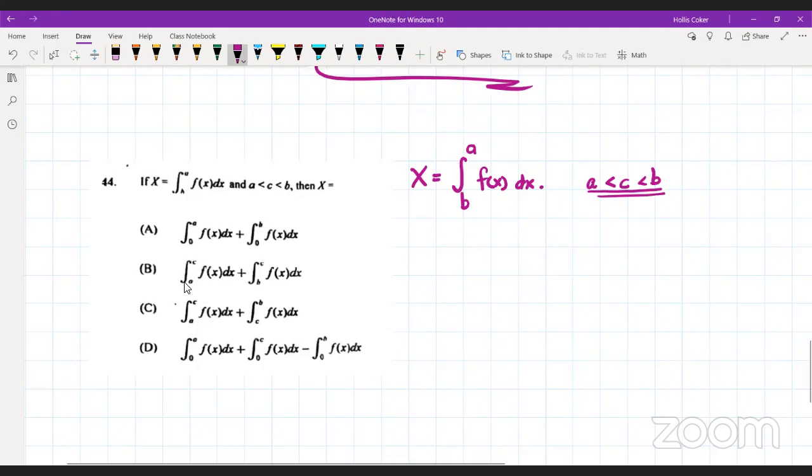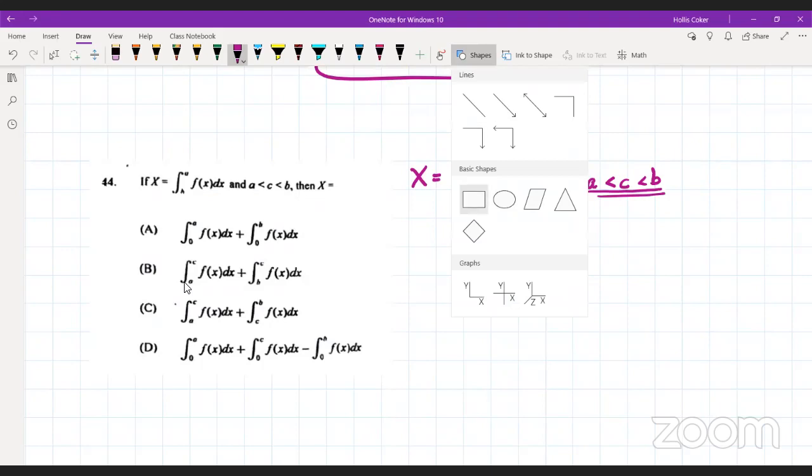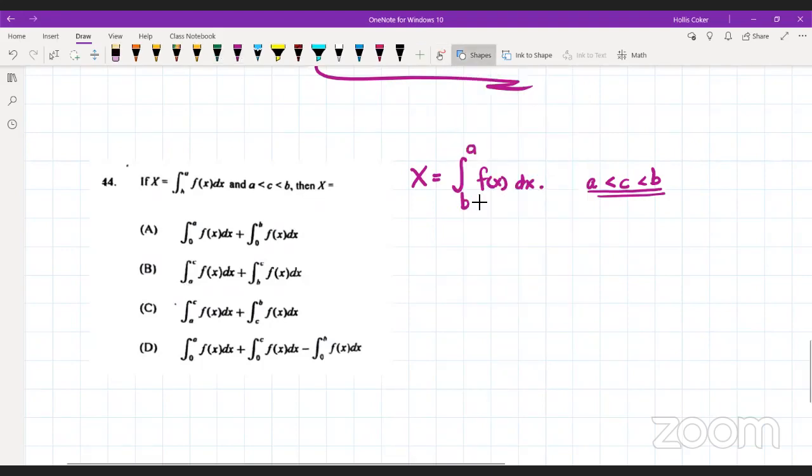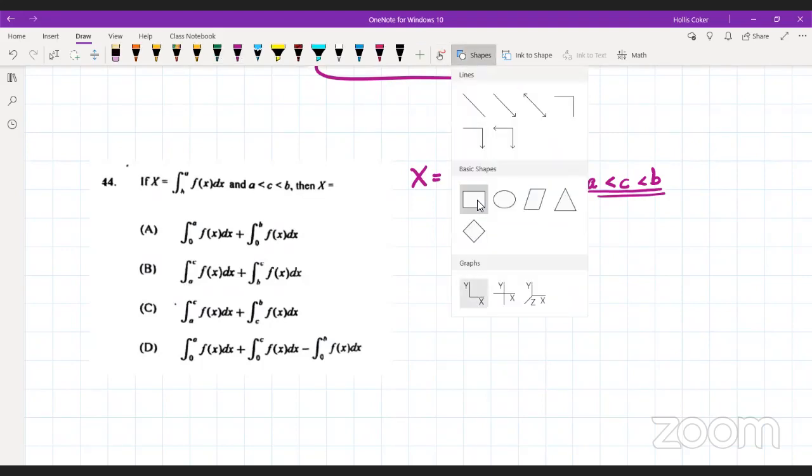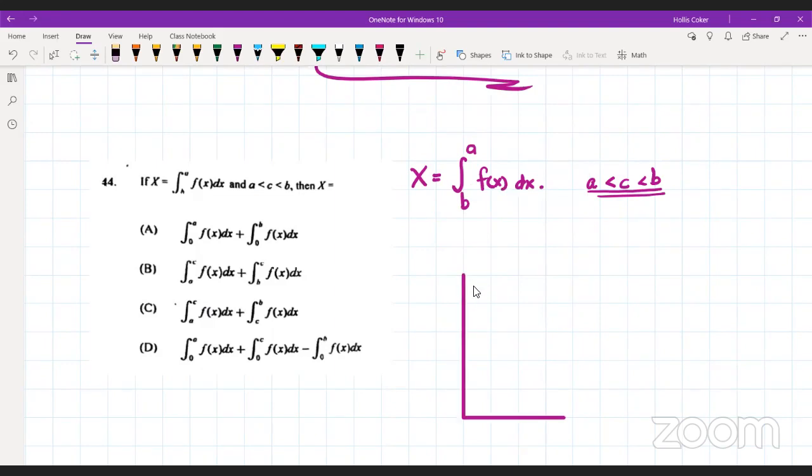All right, so I'm going to show what I'm talking about. This is really the formula for this. Here is a function, the line y is equal to f of x.